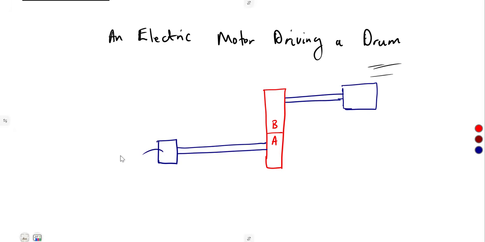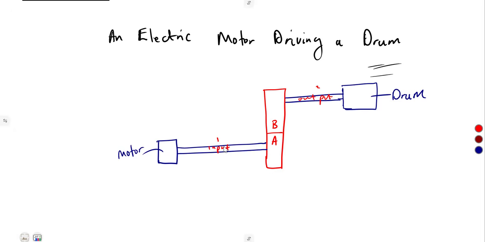So here it will be our motor, and this will be our drum. So in this case, it is just a normal view of how it's going to look. This electric motor is driving what? A drum. So it will be just this condition of A and B, having gears A and B, and it will be the input, and this will be our output.